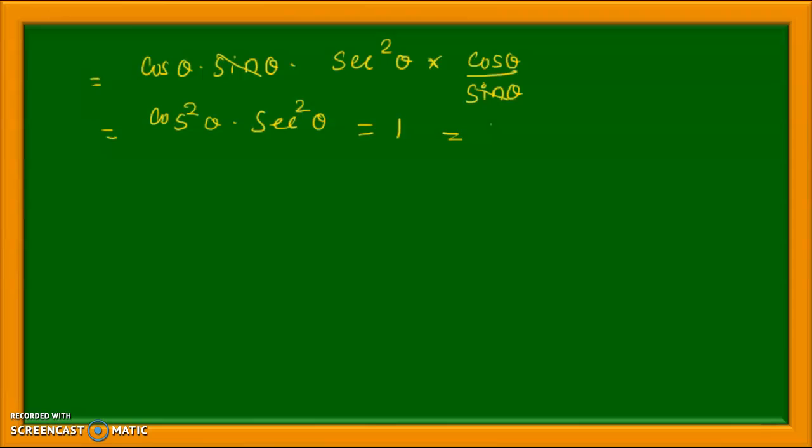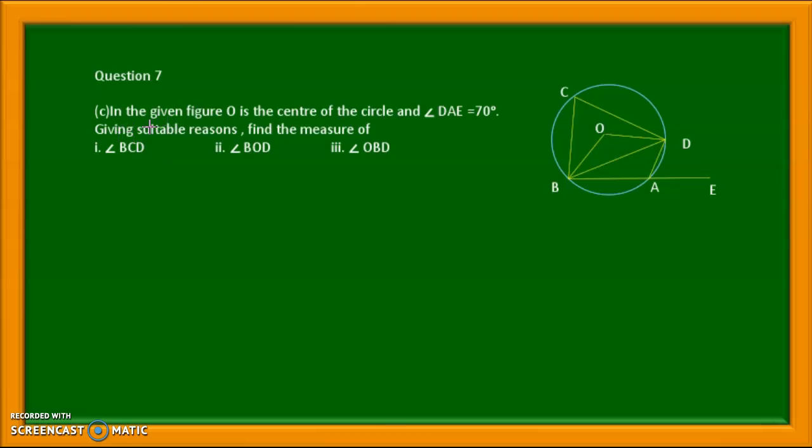That is equal to RHS. Yes. Let's start with the last option here in question 7. In this given figure, O is the center and angle DAE is given as 70 degrees. That you can use to find this angle.